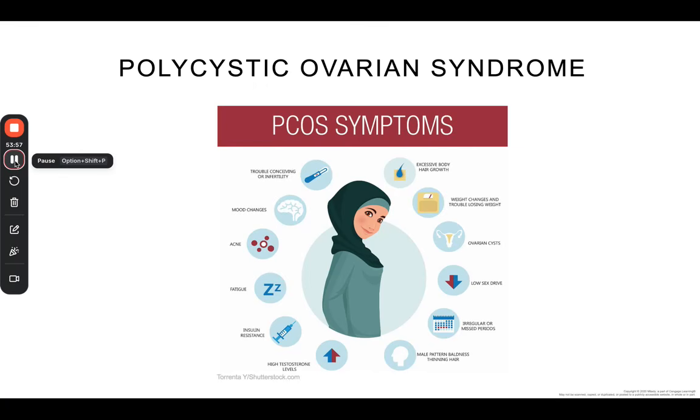So that's our spiel about PCOS. I do encourage you to do more research, but the main thing in our treatment room is that we're more than likely going to be treating acne or maybe abnormal hair growth.